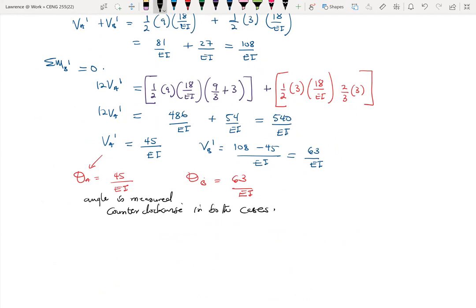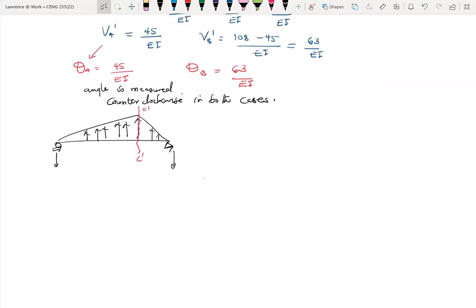I already have this diagram here, which is what we have initially, and then we have all our reactions. I can cut a section where C acts, so that I end up with either a left-hand side or a right-hand side. It's up to us, so let's go with the left-hand side.